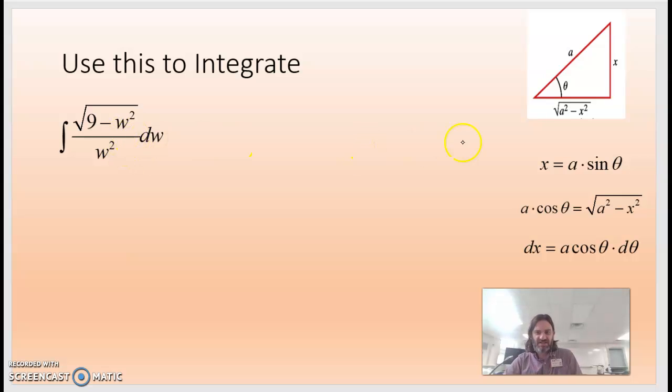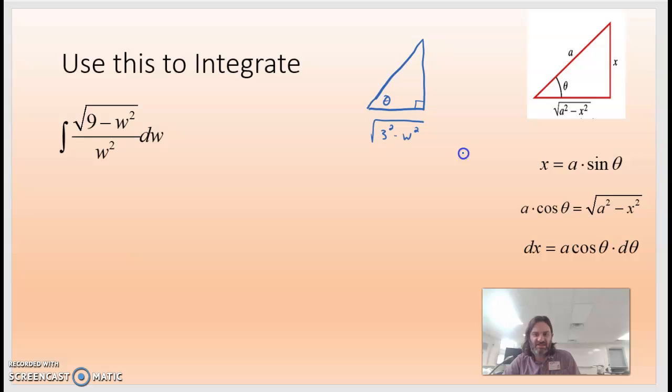So what we're going to do is take this idea of the trig triangle that we just saw. Relative to the triangle that we have, we can set this up because we see something that looks like the square root of a squared minus x squared. In that case, it's the 9 minus w squared under that square root. So I can set up an angle in a right triangle. If I let that be my leg down here, my base, basically that's the square root of 3 squared minus w squared.